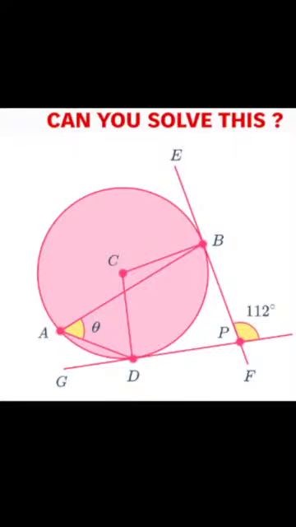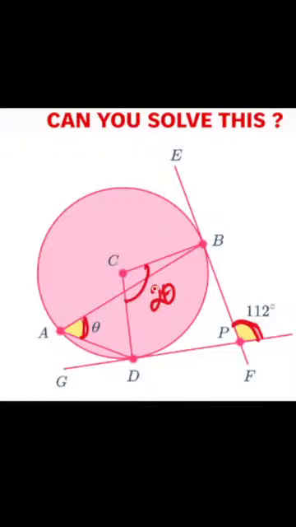We can use the angle between the tangents, that property is supplementary to this angle, or directly, if this is theta, the angle at the circumference, this is going to be 2 theta, the angle at the center, right? And as this is going to be a cyclic quadrilateral, the properties are the same as the cyclic quadrilateral, opposite angles are going to be supplementary, so the exterior angle is directly going to be equal to this 2 theta.